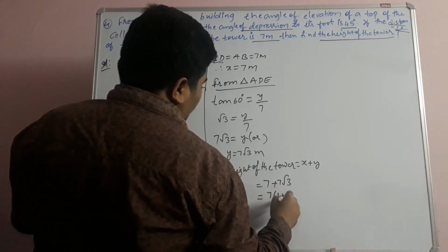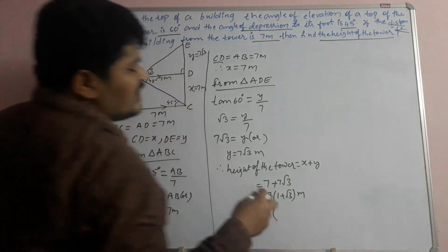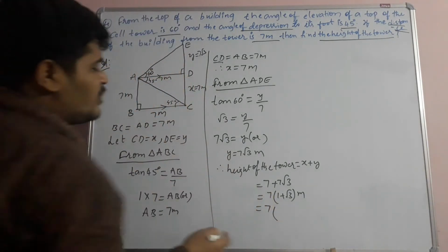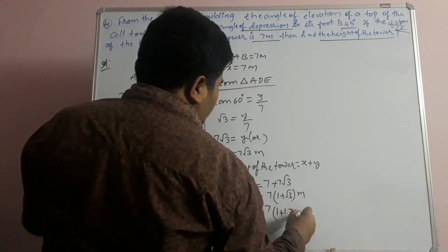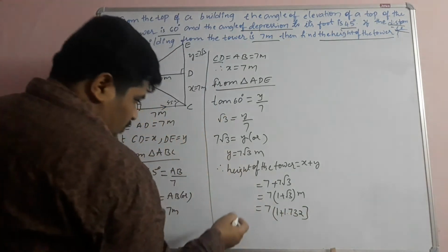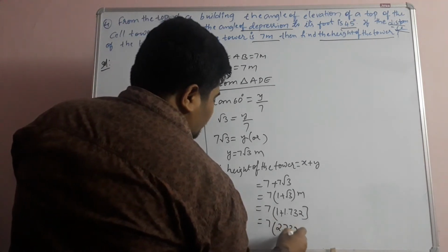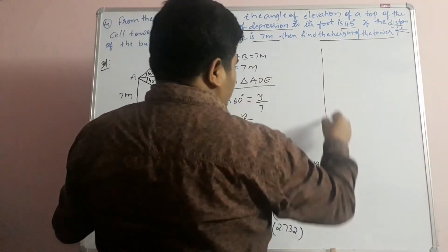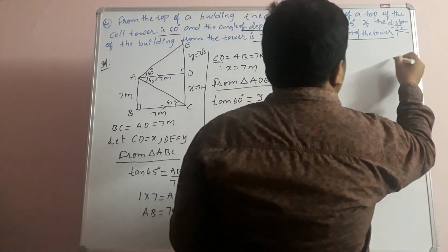So 7 of 1 plus root 3 meters. And what is the value of root 3? 1.732. So 1 plus 1.732, here you will get 7 into 2.732. Now we need to multiply.